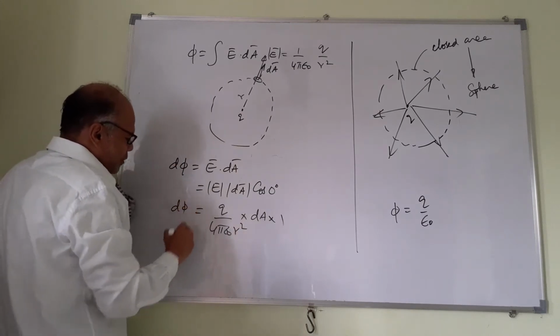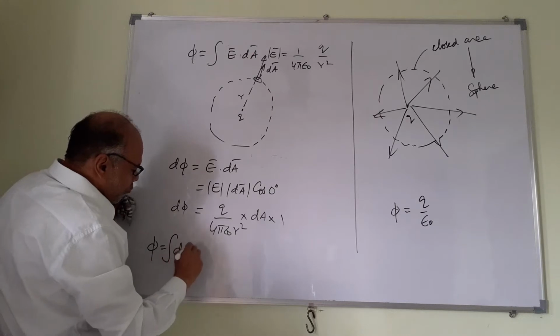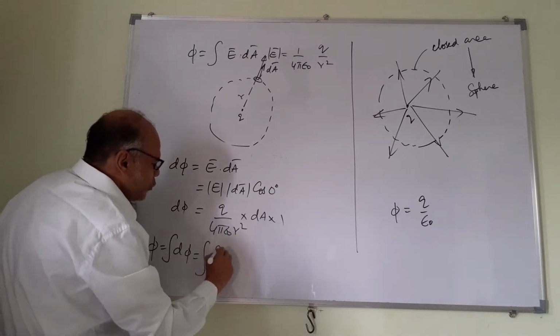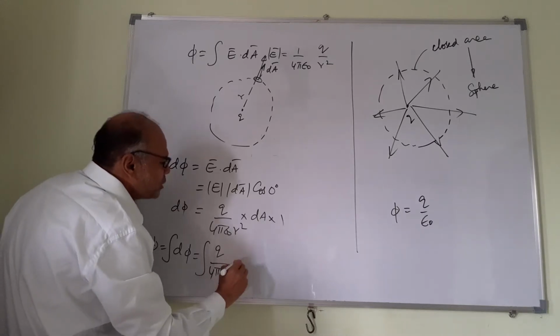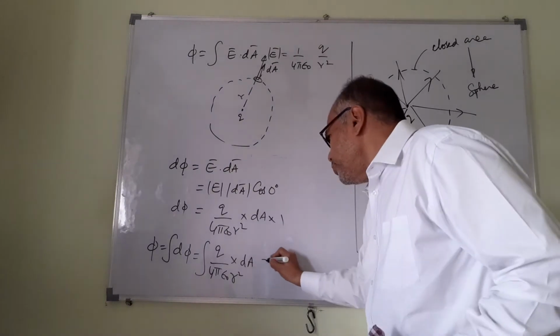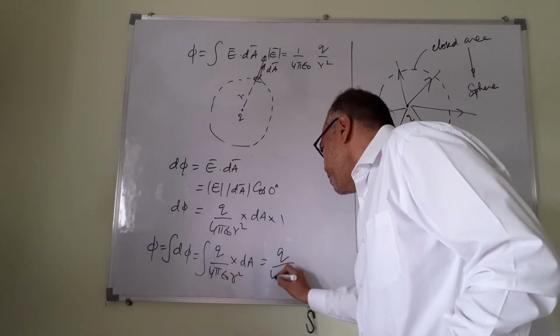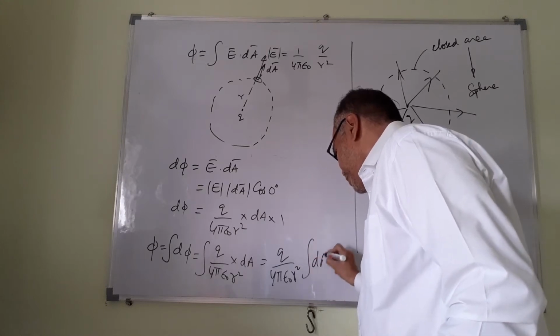If you integrate to find the total flux, you have Q by 4 pi epsilon naught r squared, which is a constant and comes out, times integral dA.